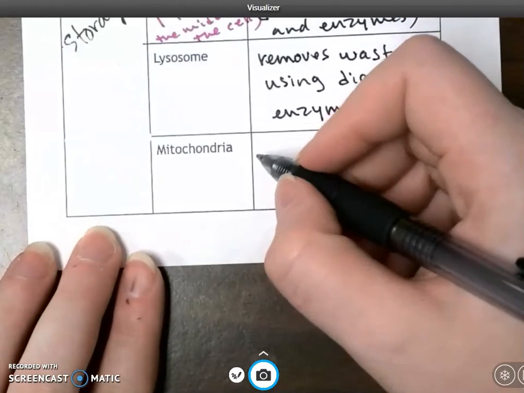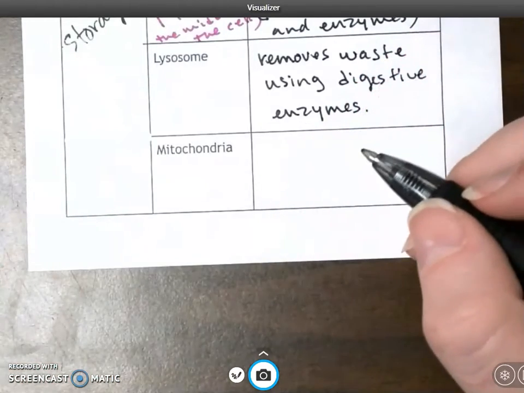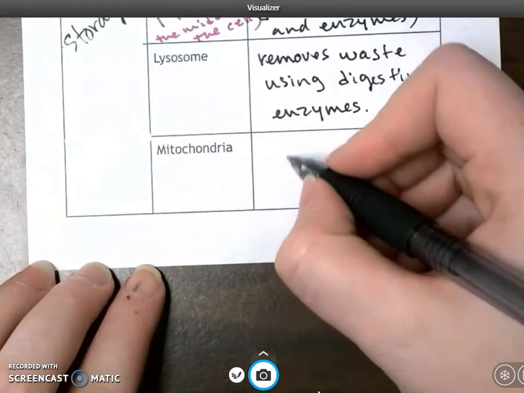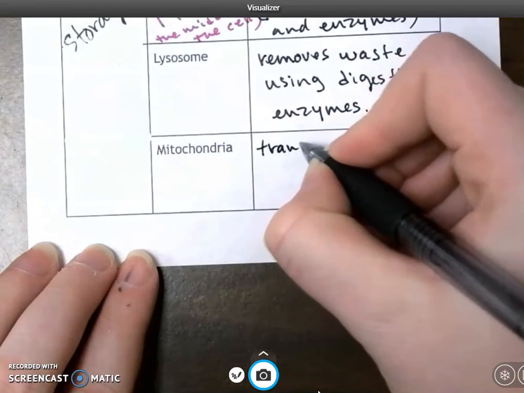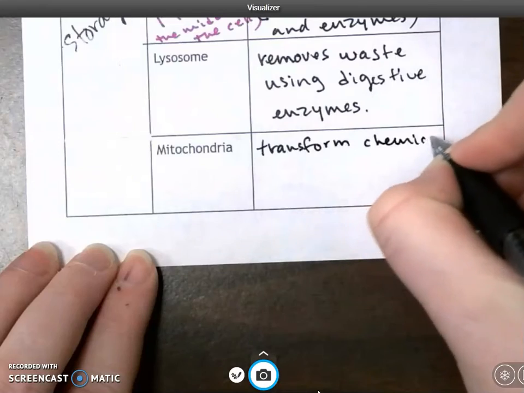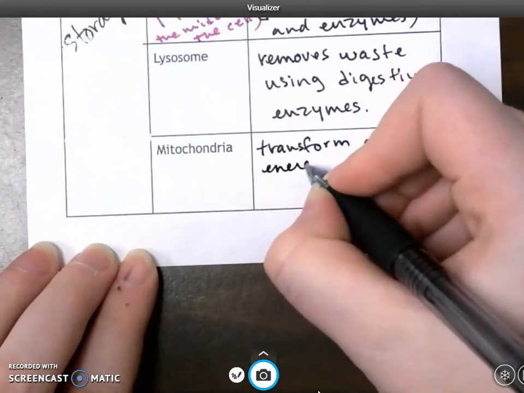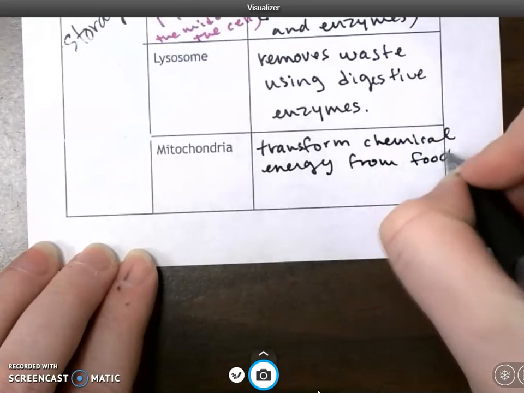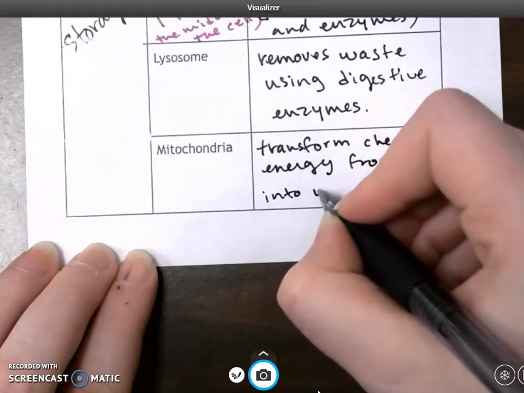This is where energy is transformed from food energy into usable energy. So it transforms chemical energy from food into useful energy.